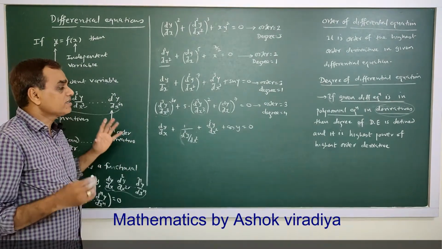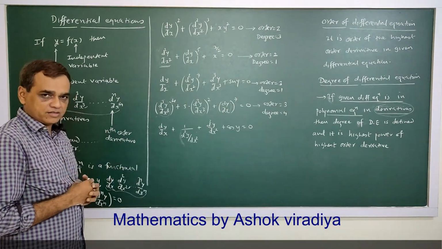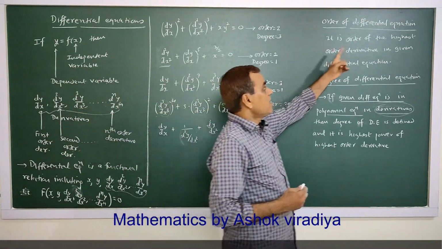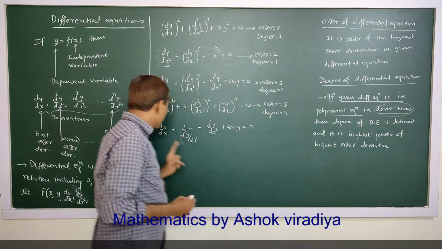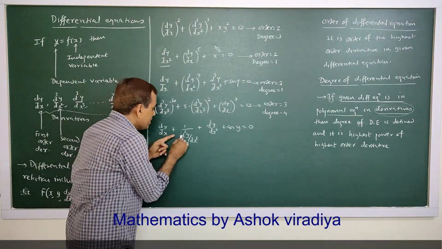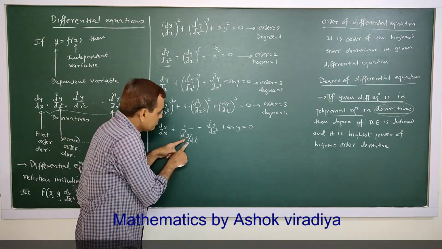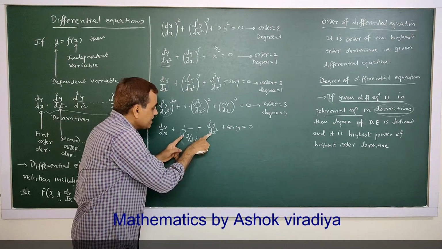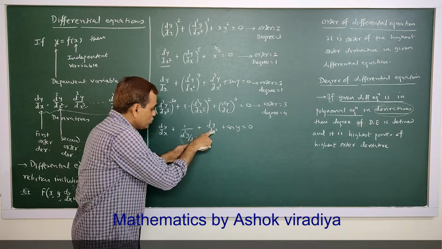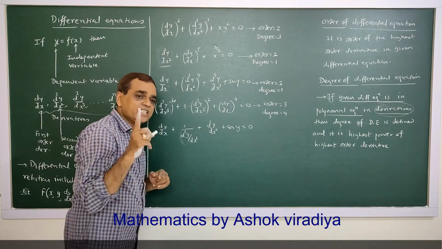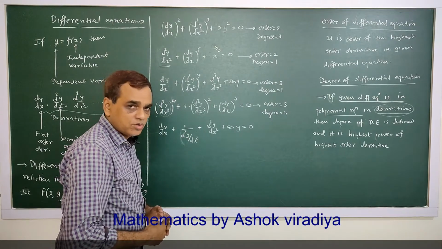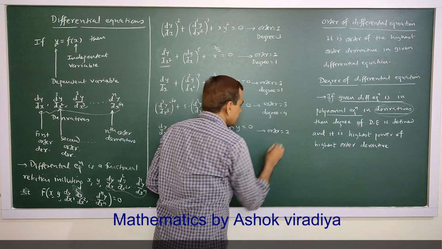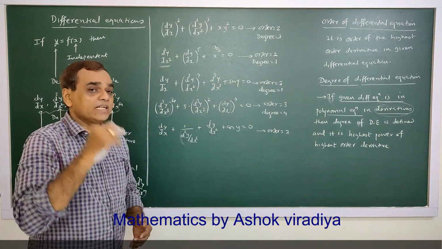Now here you can say what the order is. In this equation, this is the highest order derivative, this is also a highest order derivative, both have the same order 2, here the order is 1. So the highest order is 2. So we can say its order is 2. Now degree.